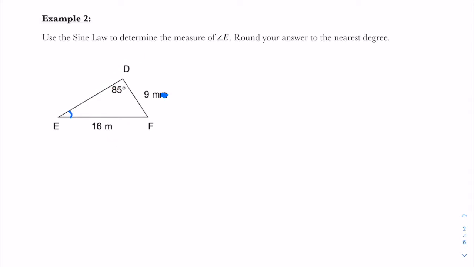I'm going to use the version of the sine law that has the angle in the numerator. So sine of angle E divided by side E is equal to sine of angle D divided by side D. Solving for angle E, we can multiply both sides of the equation by side E, like this.